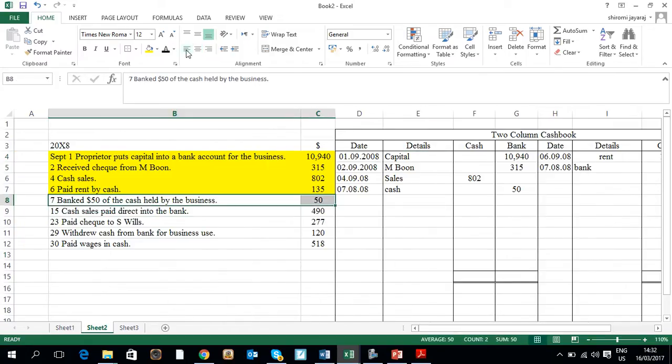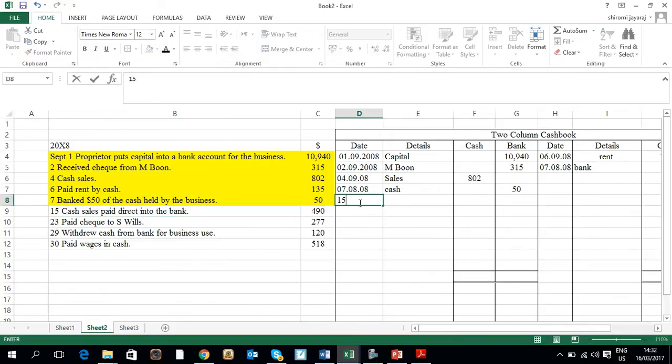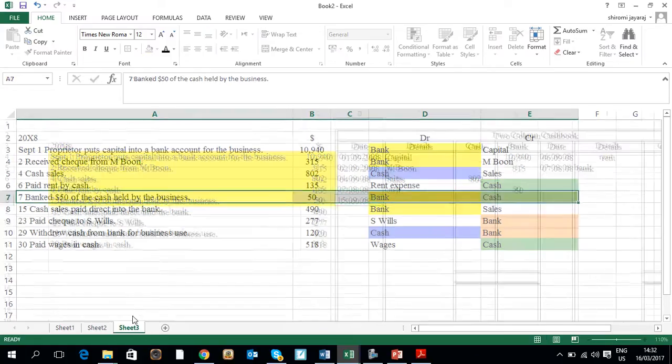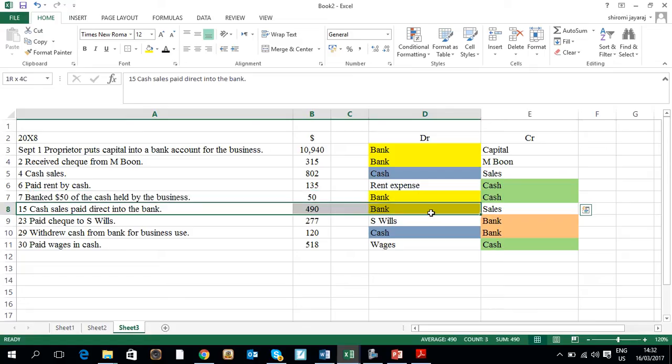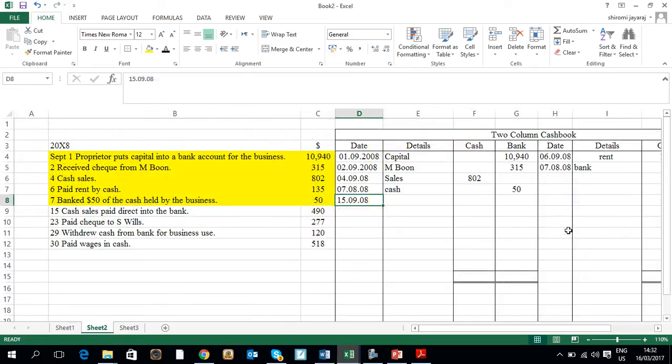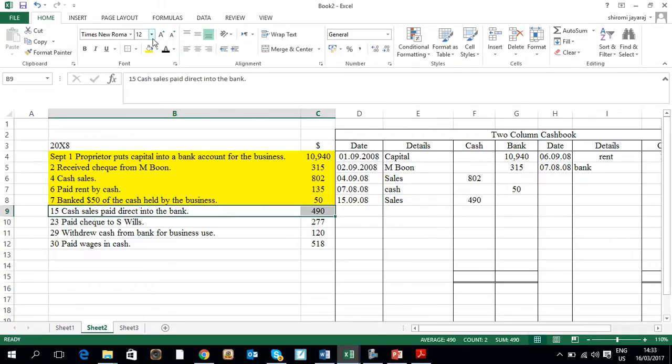Let's move into the next transaction. Cash sales paid direct into the bank. This is on 15/9/08. On 15th, this one, bank debit sales credit. The bank column, we will enter it by 490, and opposite account's name sales. We're done with this transaction.